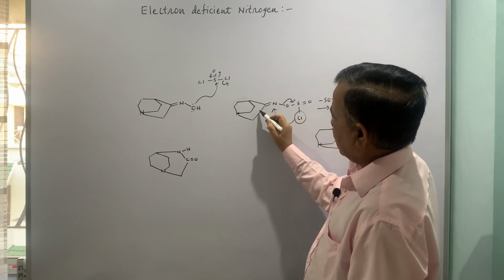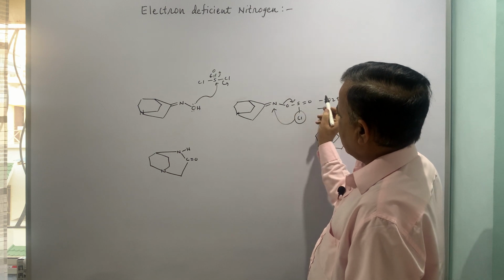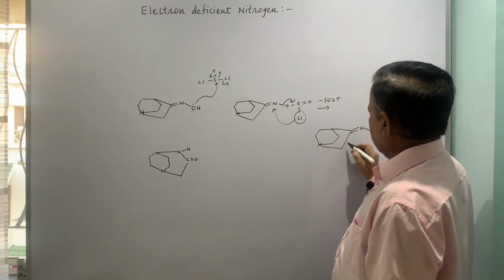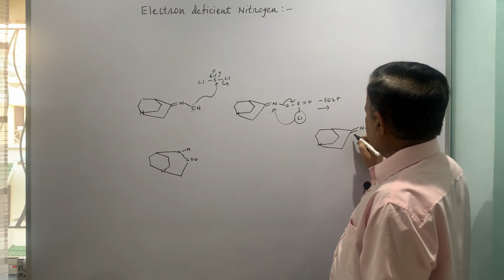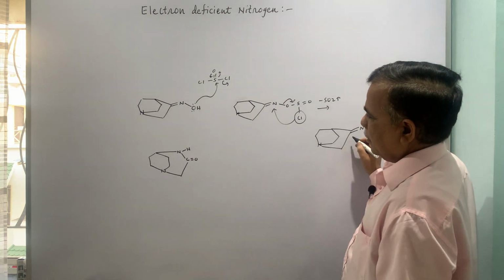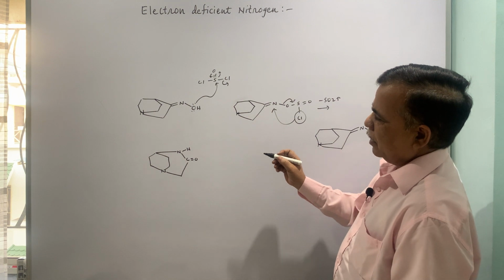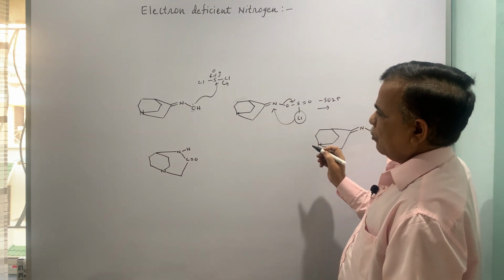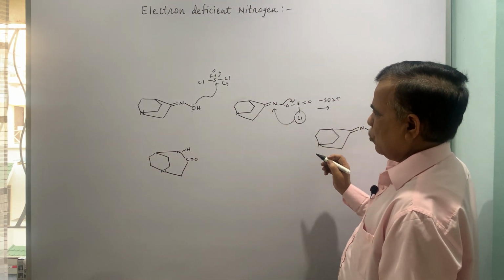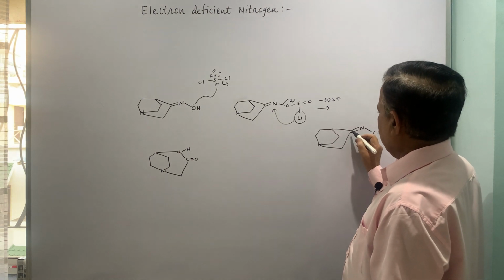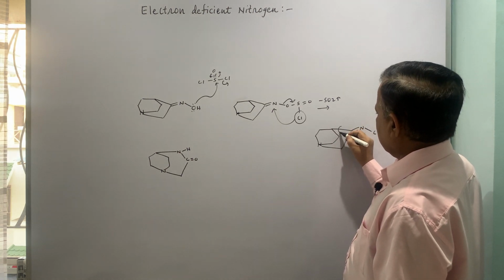So this group will migrate here, this goes off. So when this group migrates, you will be getting the other group, like the product given here, wherein you are having nitrogen with CH2 and then CO. So naturally this group is migrating.